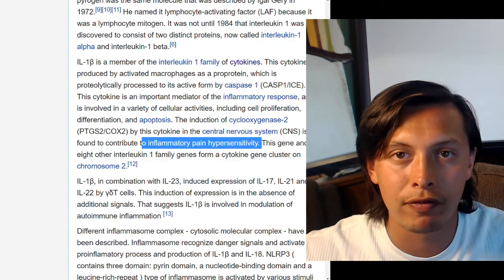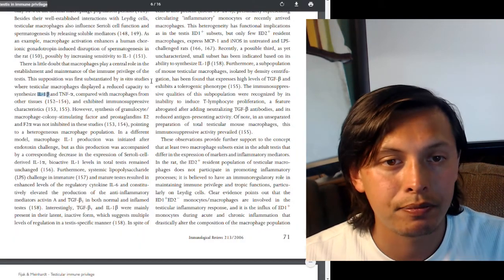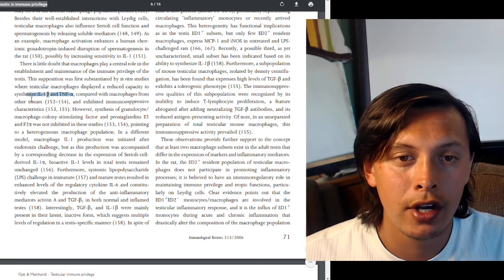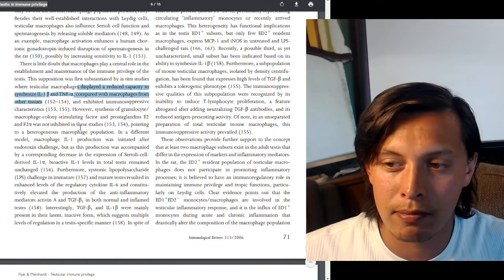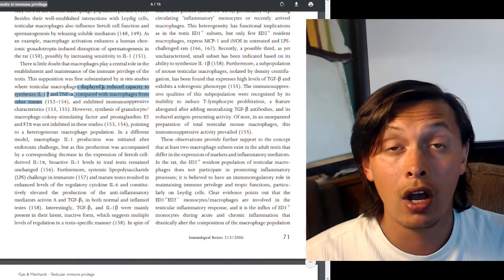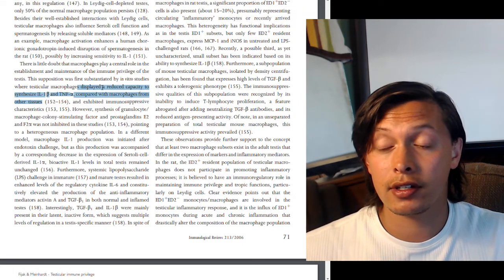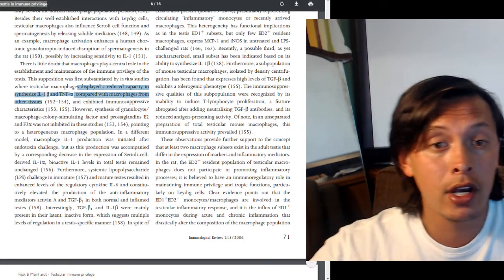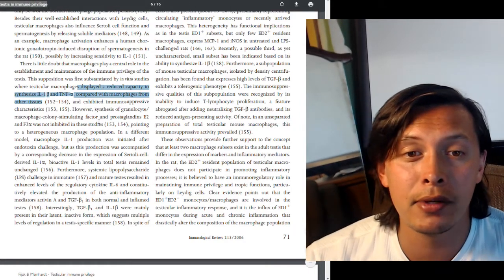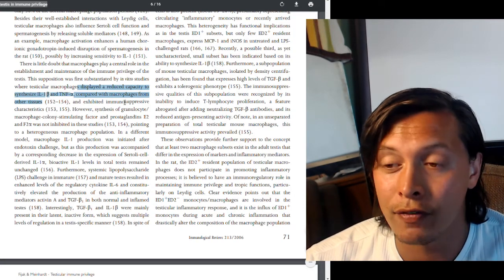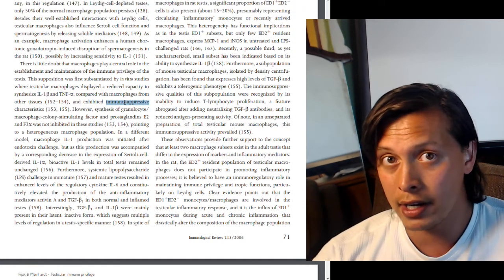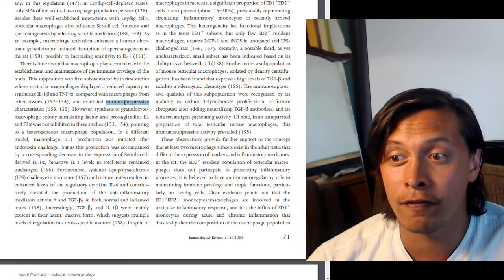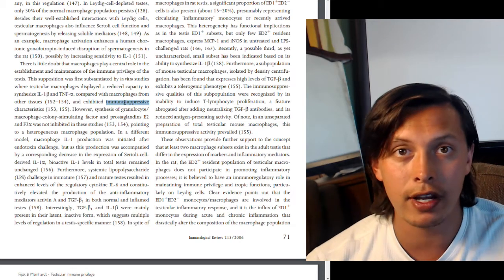Okay, so it is a pro-inflammatory cytokine. Continuing, compared with macrophages from other tissues, these macrophages in the testes do have reduced abilities to generate these pro-inflammatory cytokines, which makes sense, and exhibit immunosuppressive characteristics. So if you're not secreting the pro-inflammatory cytokines, they are functioning as immunosuppressive in the testes.